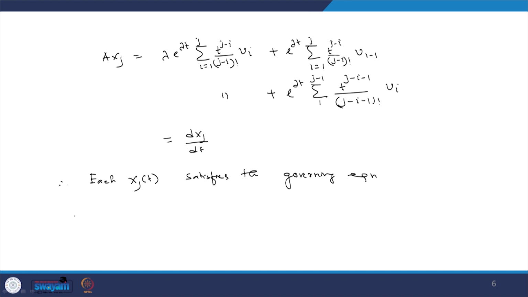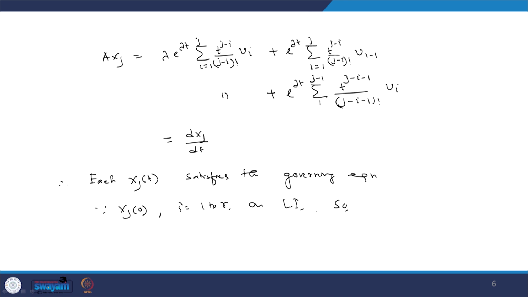So, we already checked that V1, V2, ..., Vr are linearly independent and we also have n linearly independent solutions, therefore x1, x2, ..., xr will also be linearly independent, since xj for j equal to 1 to r are linearly independent.